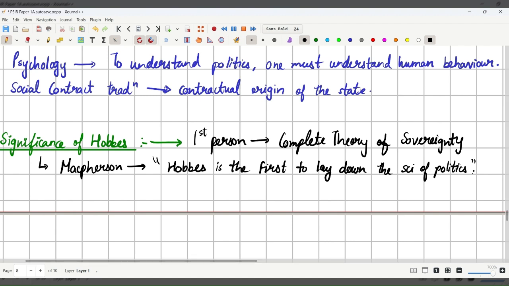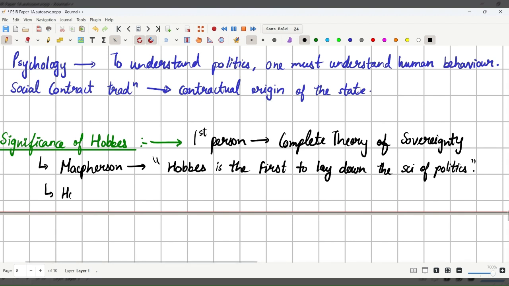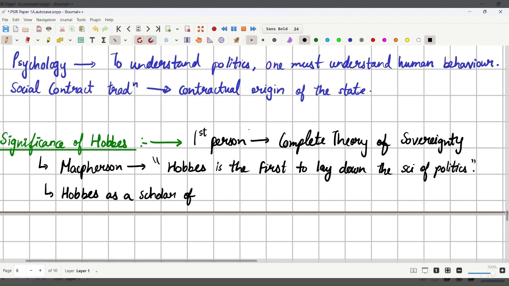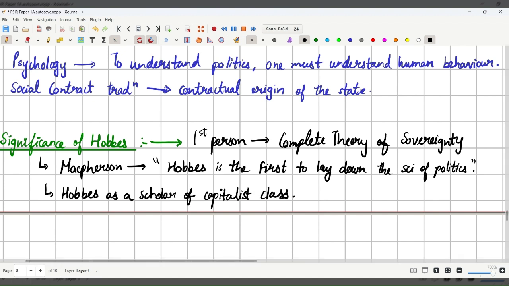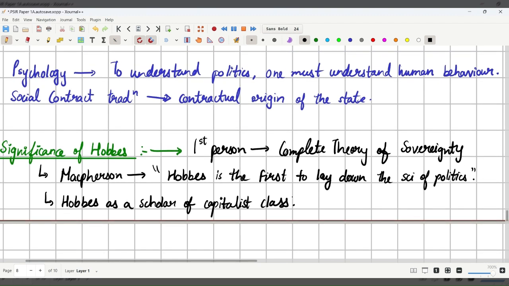Then Hobbes, as a scholar of the capitalist class. So these were a few of his significances. Then first we'll decode what was his complete theory of sovereignty.